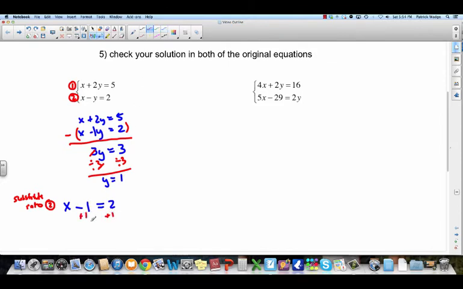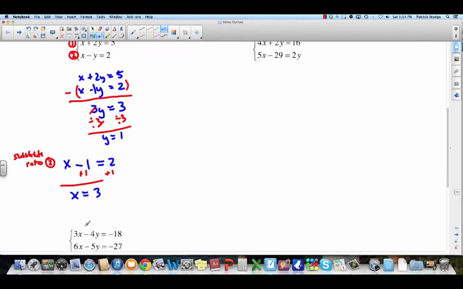Plus 1, so we end up with x equals 3. There's my answer. My answer is that x equals 3 and y equals 1. Or you can write it as an ordered pair, (3, 1). Just make sure you always put the x first. So this is your answer right here.